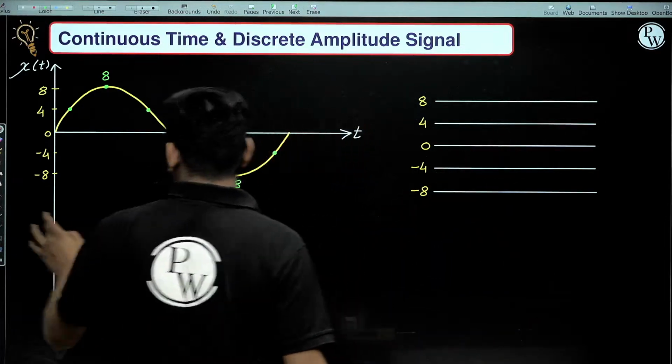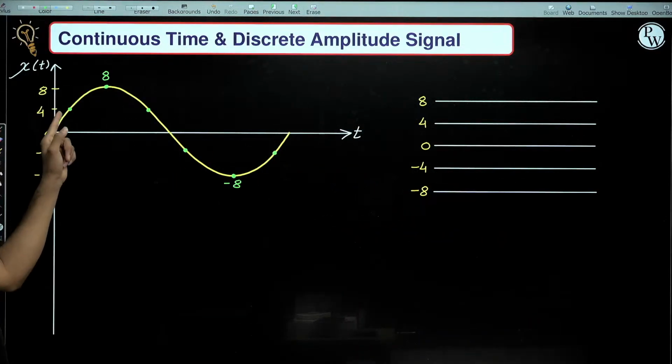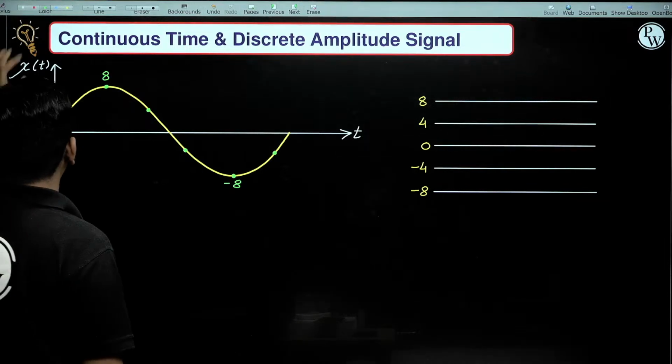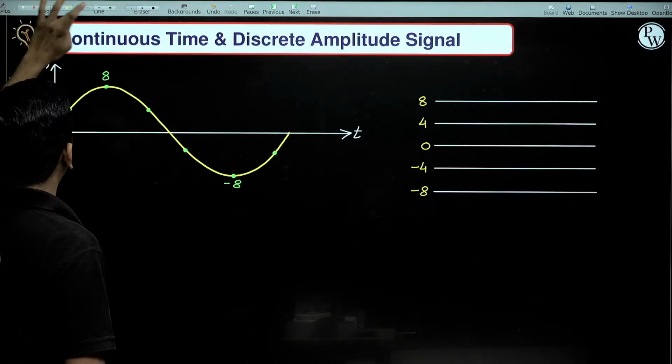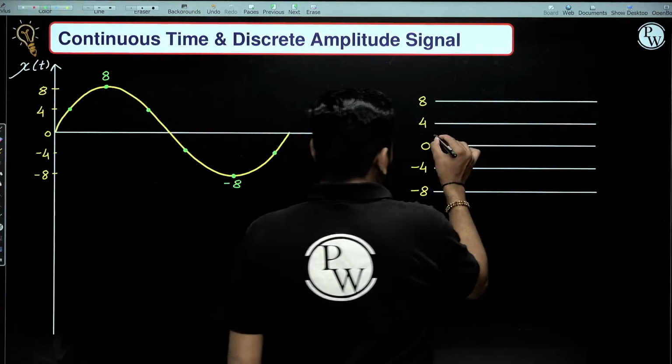Whatever amplitude lies between 0 to 4, in the output you will get the average of 0 and 4. That means you will get 2 here.